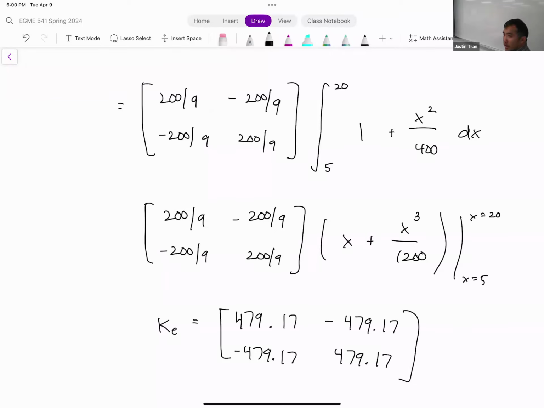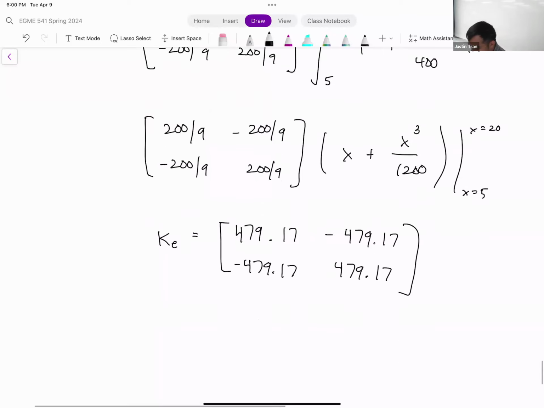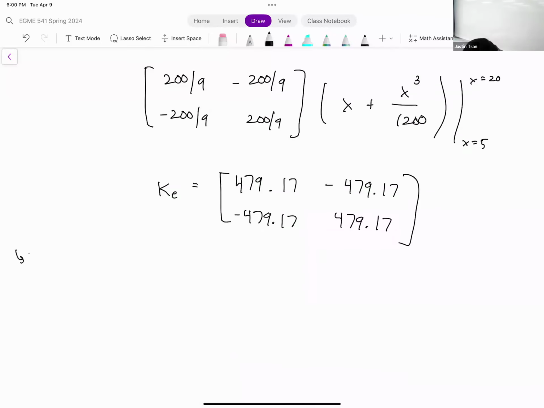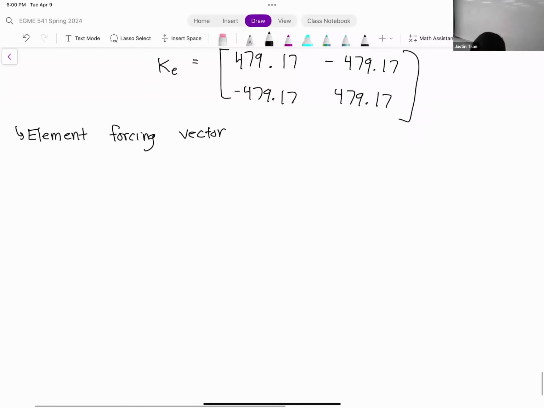All right, any questions on that? Okay. All right, good. So next we have our element forcing vector. Just like we did before, let me go ahead and write out the full expression for the element forcing vector.